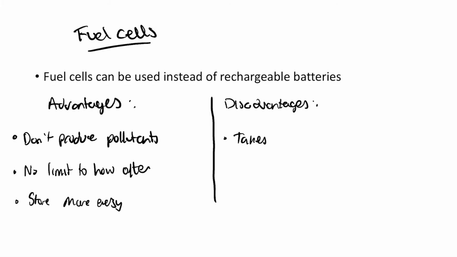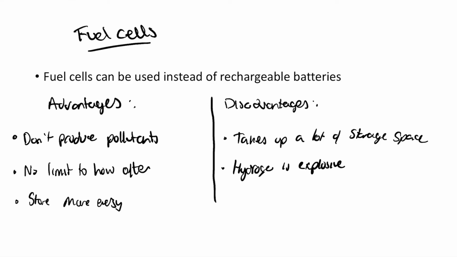Again, hydrogen is actually explosive. Okay, so hydrogen is explosive, and because of that, it makes it hard to store. Okay, so hydrogen is explosive when mixed with air, so it's actually quite hard to store safely.